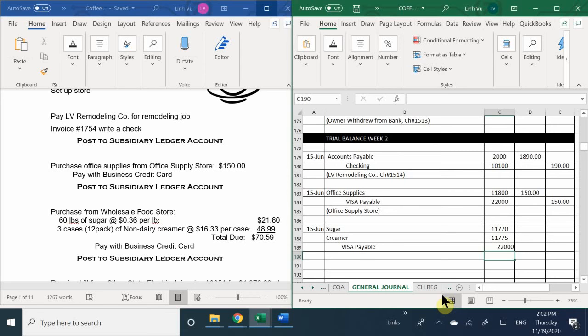Okay, so the sugar, the debit charge is $21.60. Then the creamer is $48.99. So our total due is $70.59.